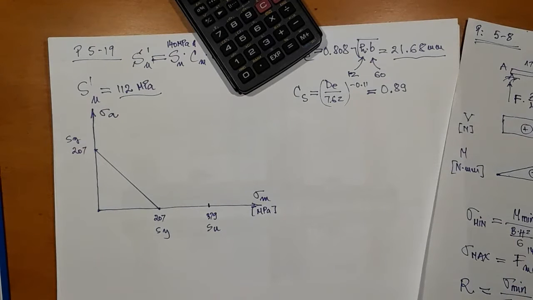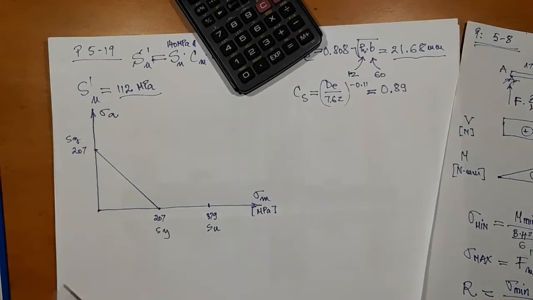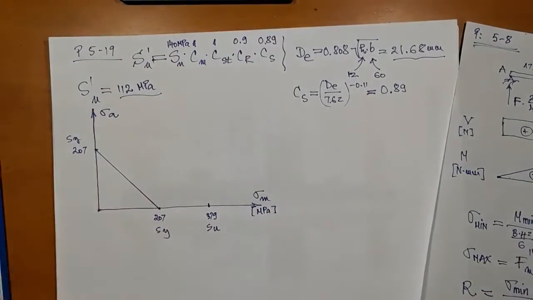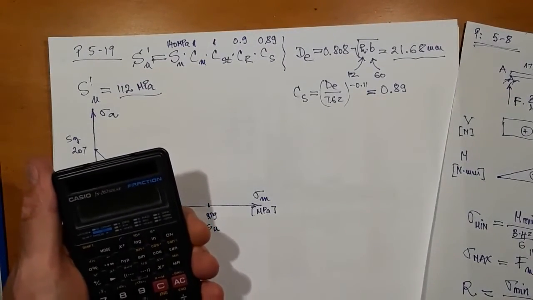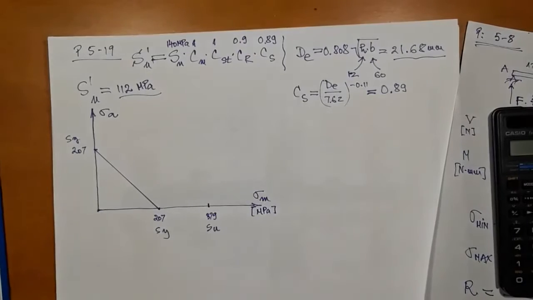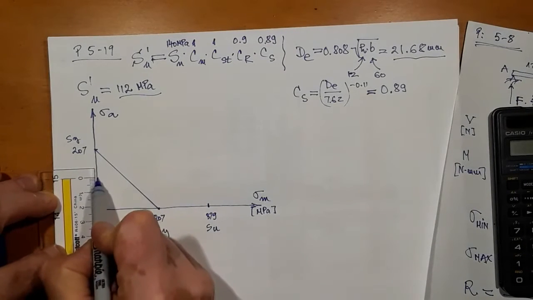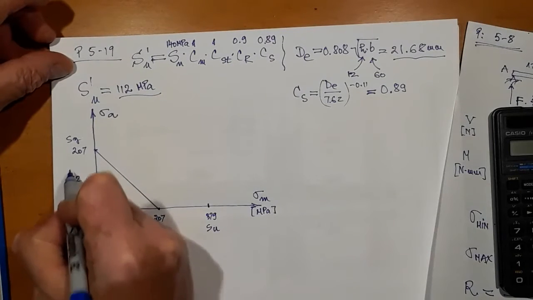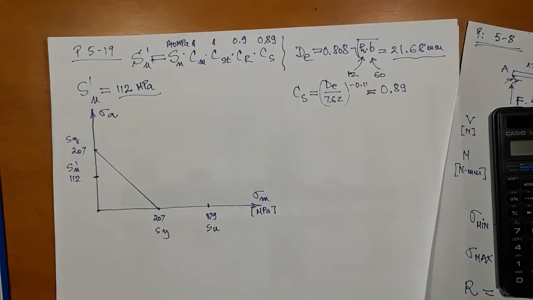Then I also have to place on the graph the true endurance limit, which was 112. So 112 times 0.2 is 22.4. 22.4 right there. So this is 112 and this is Sn prime.